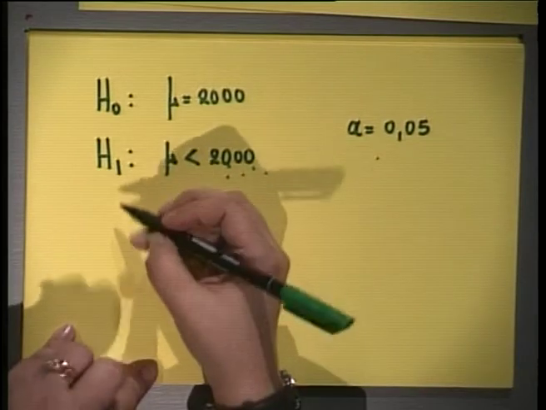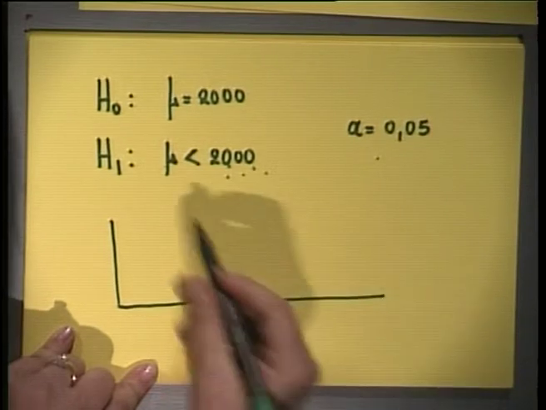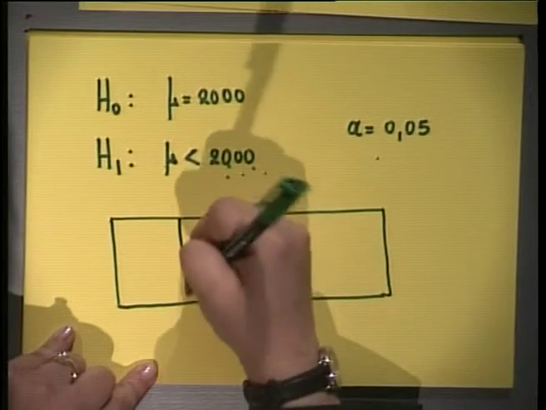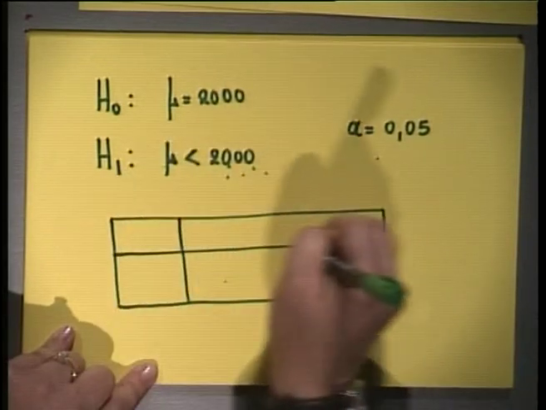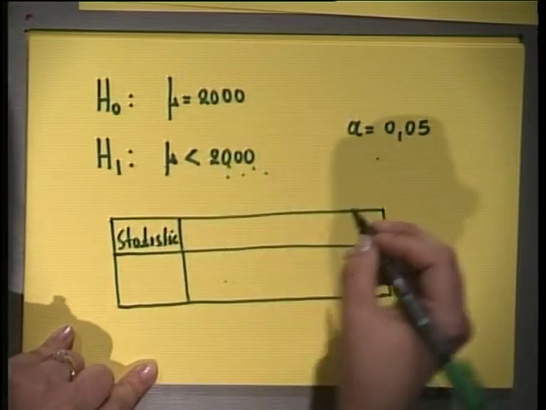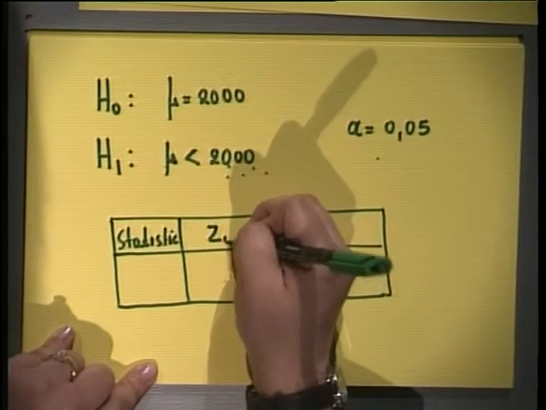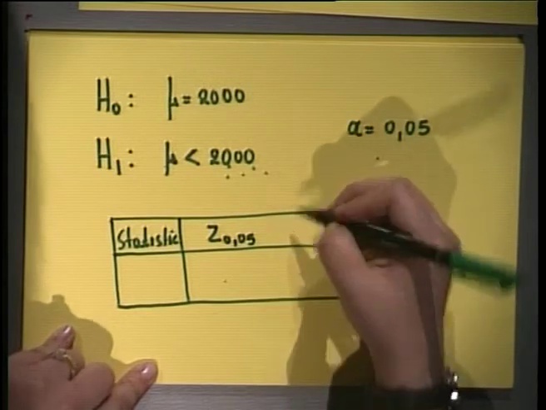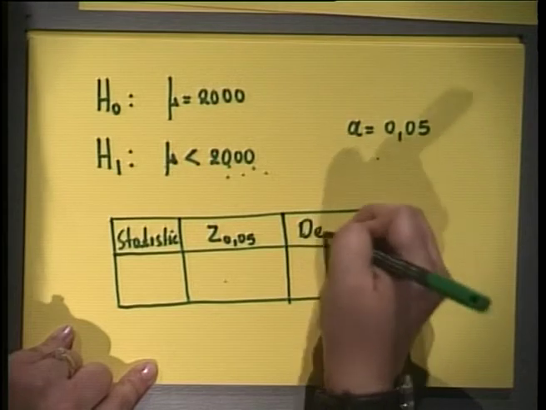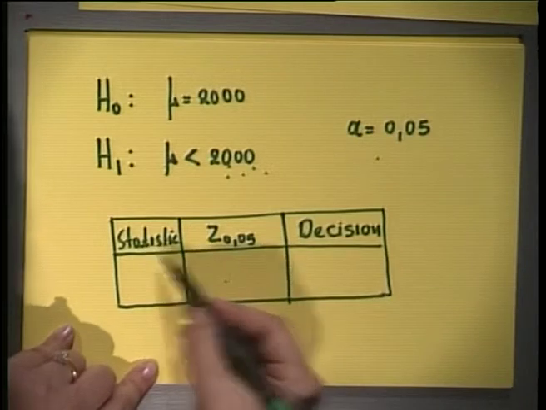What we would need to do is construct a table which will include our statistic, then we'll include the value of the distribution for which we are testing the population, and then we are going to make our decision based on what we have here.